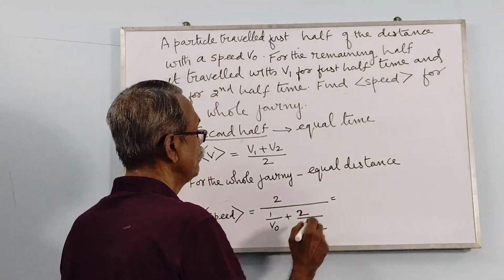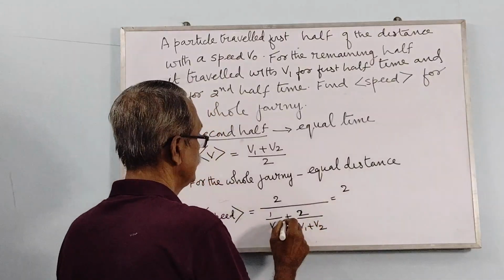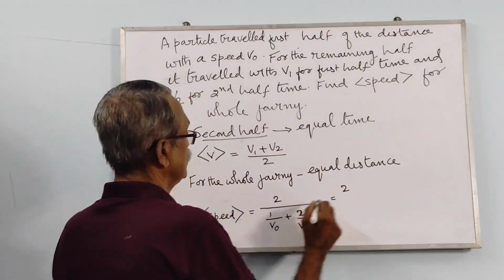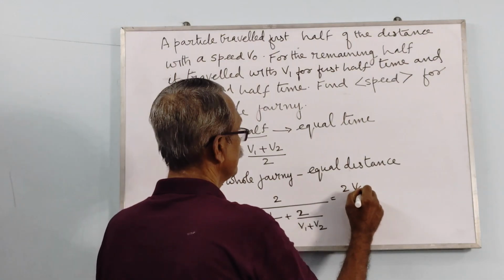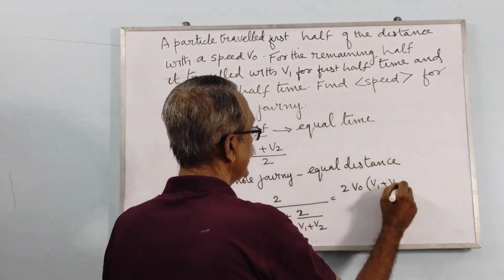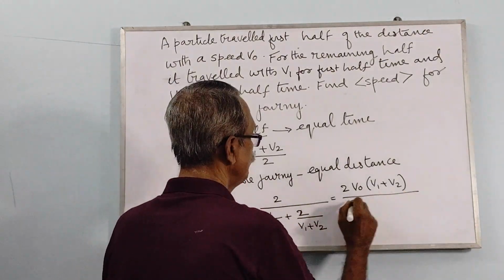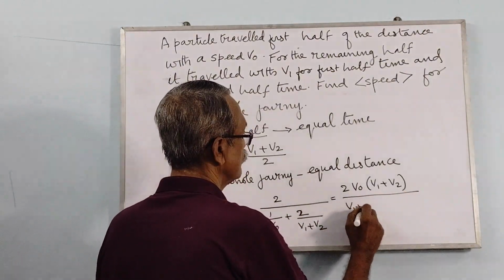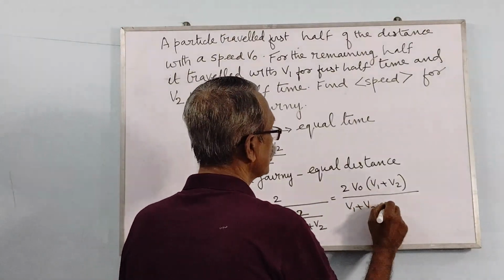This is equal to 2 multiplied by, this is v0 multiplied by v1 plus v2, that will go in the numerator. Here this is v1 plus v2, this is v1 plus v2, this is 2v0.